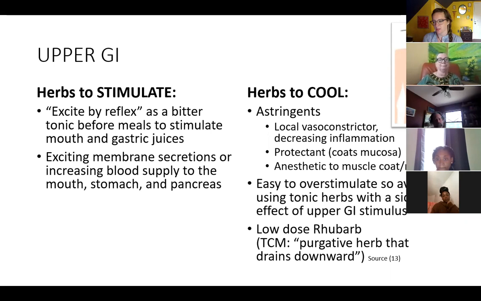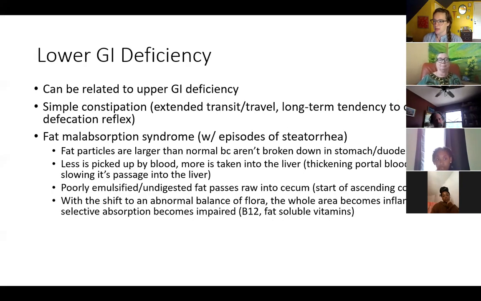And like I said, burdock does that too. Not that it's a purgative herb like rhubarb is, but it's grounding and it drains downward. Okay, so burdock could be purgative if you drank enough. Yes, or mildly purgative. Thank goodness. I've experimented with that.